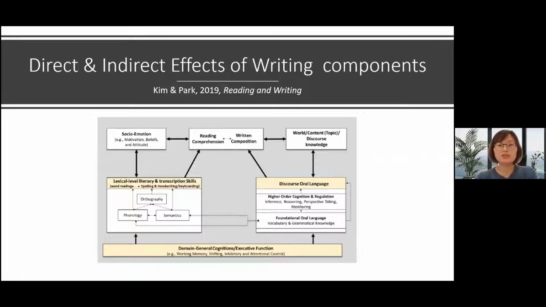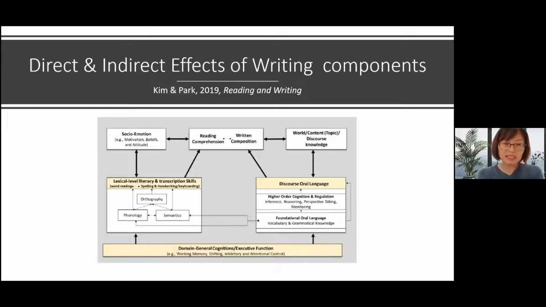And there's a huge body of literature showing that students' phonological awareness, morphological awareness, and orthographic awareness are really foundational cornerstones for word reading and spelling development. So that's why they're there.